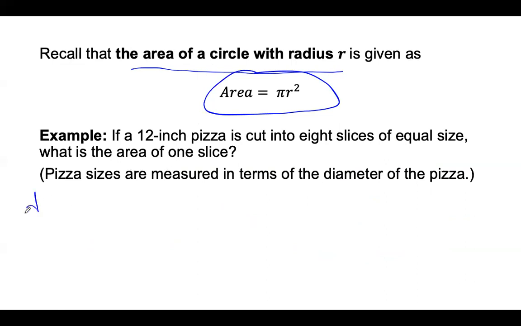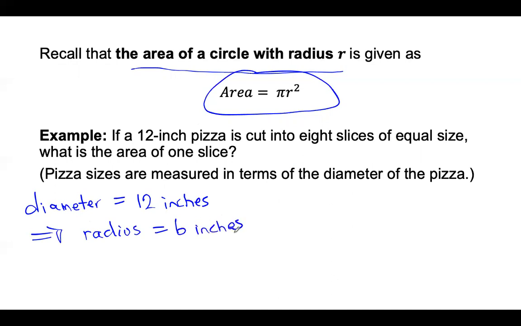So we know the diameter of the pizza is 12 inches, because that's how you measure pizzas, through the diameter. So this implies, therefore, the radius is 6 inches.